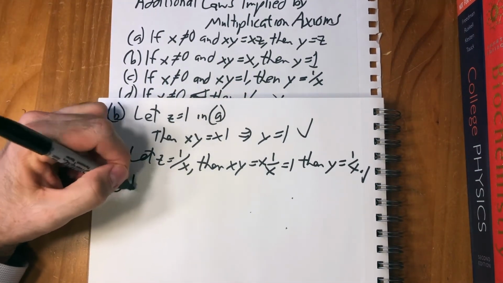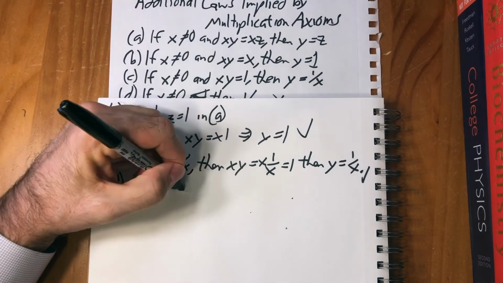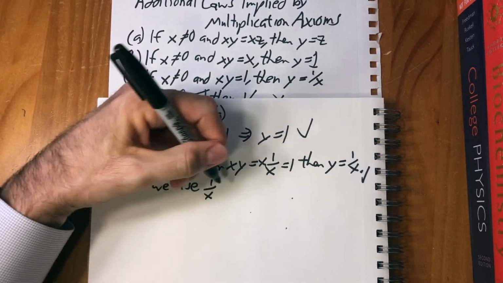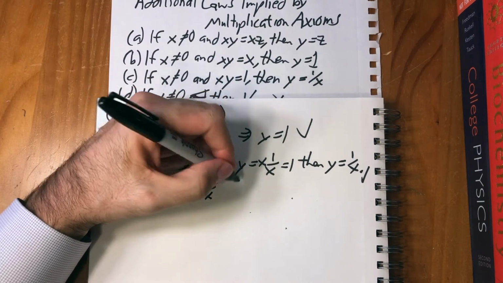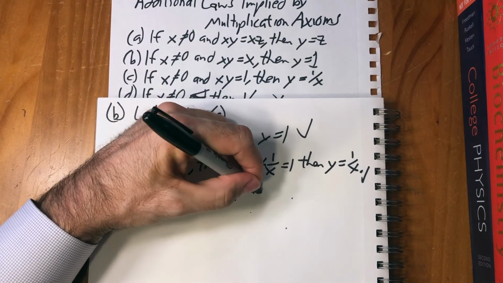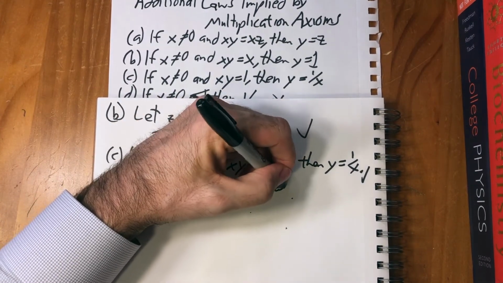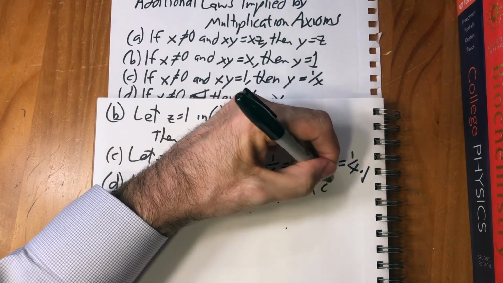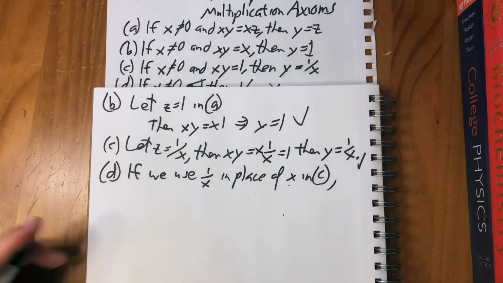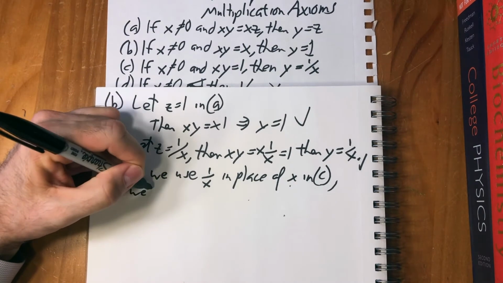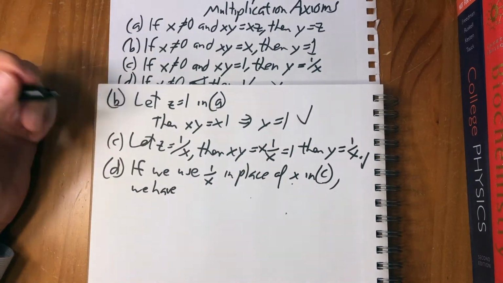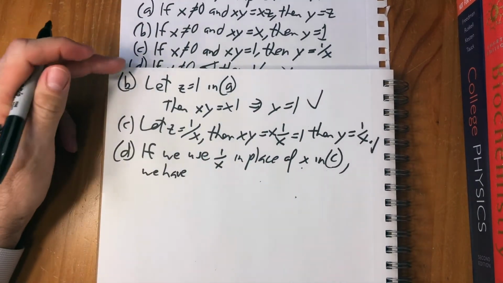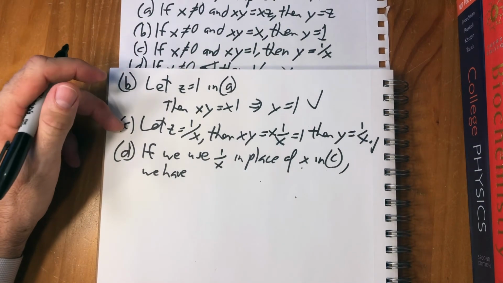And D. Again, if we use 1 over x in place of x, then we have in C, right?